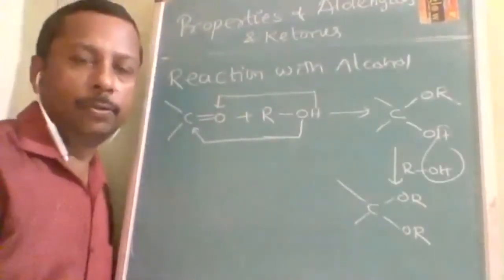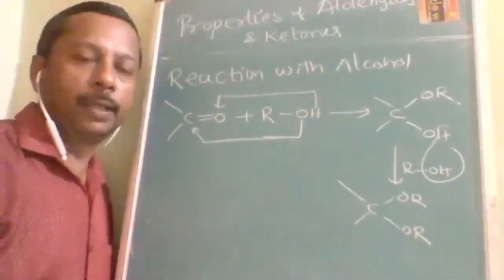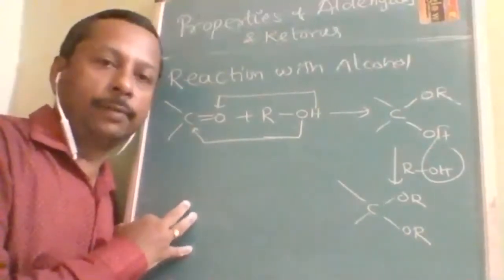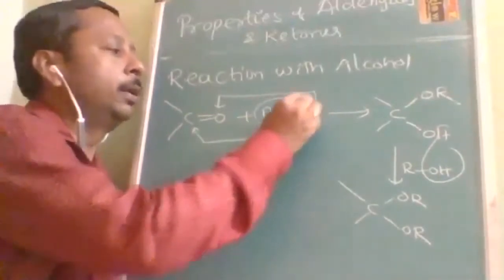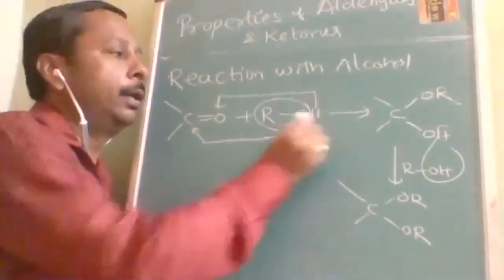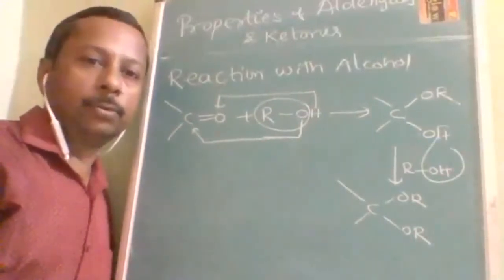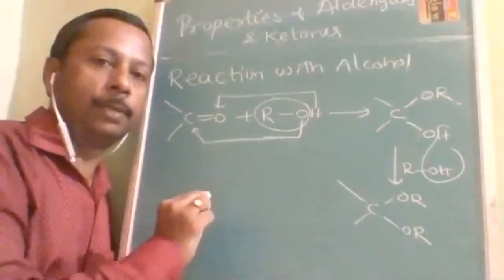Okay, the next nucleophilic addition reaction example is reaction with alcohol. These are not under the ammonia derivatives; it is a different topic. In alcohol, OR is the nucleophile and H plus is the electrophile. The electrophile goes to oxygen, the nucleophile goes to carbon. The same principle applies here.